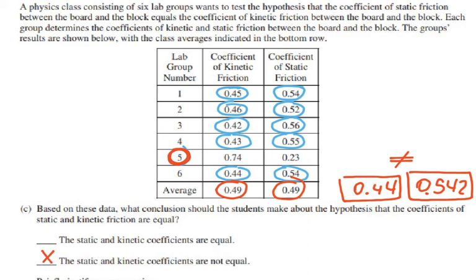If you are not sure what the difference is between the coefficient of static friction and kinetic friction, the difference is this: static means no motion, and kinetic is motion. So if there is sliding present, then kinetic friction is involved.